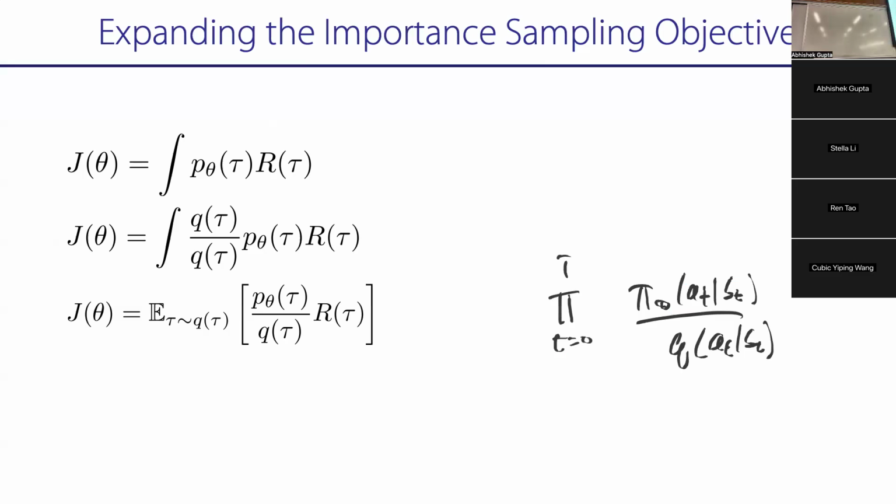And so what's the issue with this thing? Well, even if you flipped it so you never allowed the denominator to go to zero when the numerator didn't, you still have an issue because you have a bunch of tiny numbers multiplied with each other, which makes this whole thing either go to zero or go to infinity, depending on what pi theta and Q are.